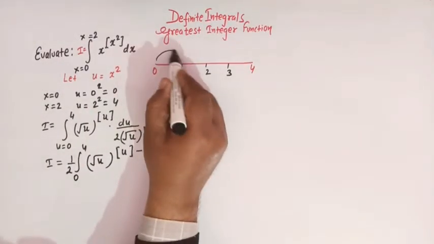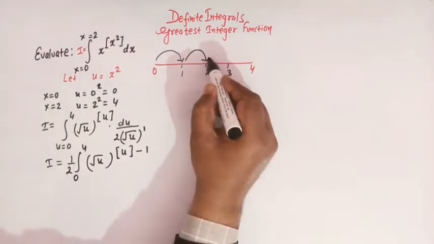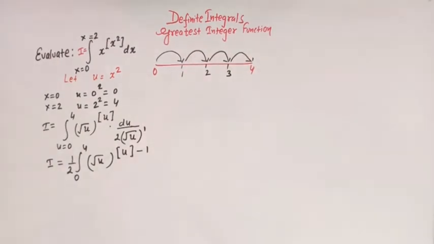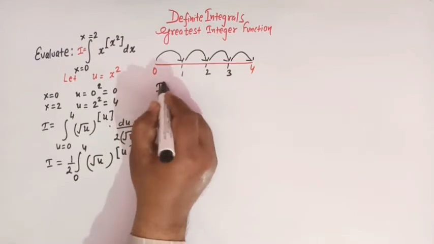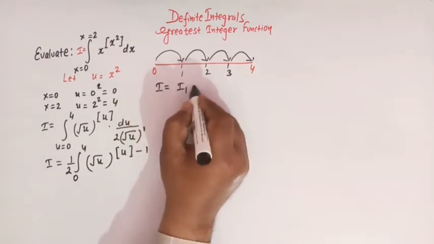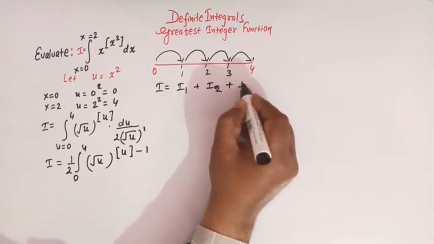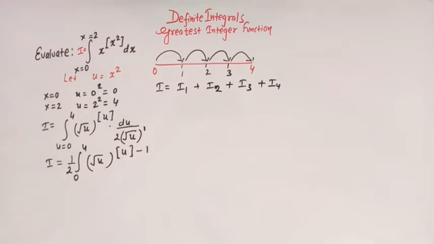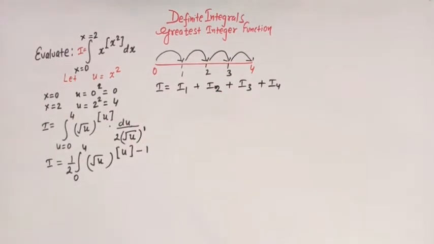The first one is from 0 to 1, the second one is from 1 to 2, the third one is from 2 to 3, and the fourth one is from 3 to 4. So this integral I can be written as a sum of 4 integrals, I1, I2, I3 and I4, and we will solve these 4 integrals individually.